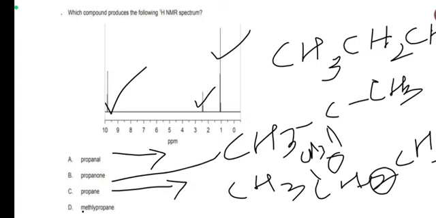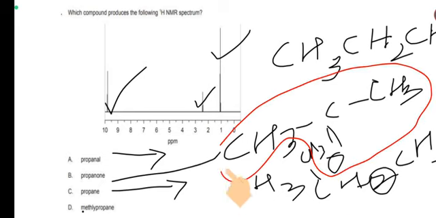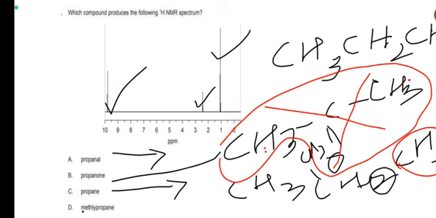By looking at the structures, you have one idea that acetone, which has a similar type of hydrogen on both ends, will give you only one signal. And in the case of propane, again there are only two types of hydrogen atom, methyl hydrogen and CH2.